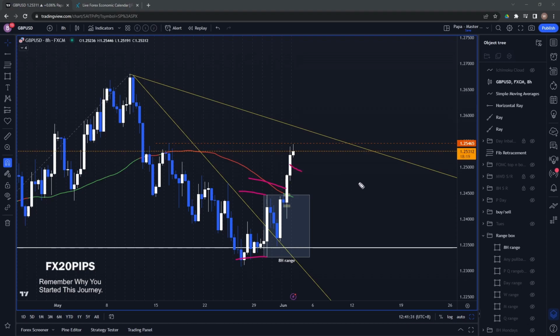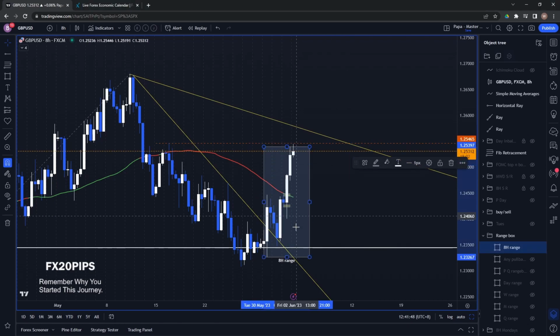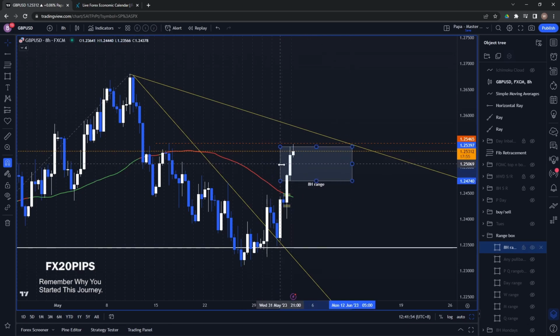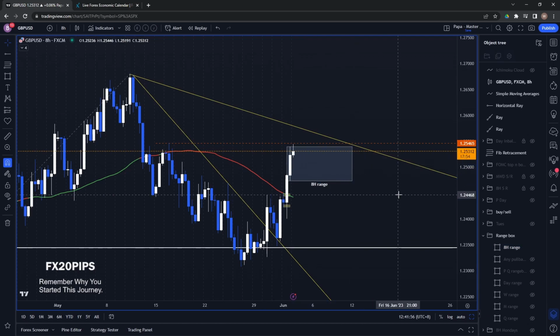There's a continuation. It sort of slows down around here. So what I will have to do is to block this one up. Let's do that. Go up here, right here, extend it. That's my new 8 hours range box.